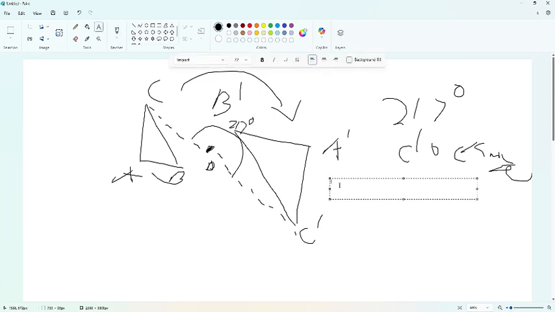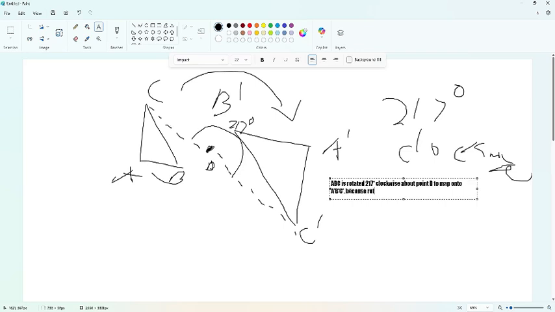Now, if you want to do the proof, it would be: triangle ABC is rotated 217 degrees, you have to put the direction, clockwise, about point D to map onto A prime, B prime, C prime.